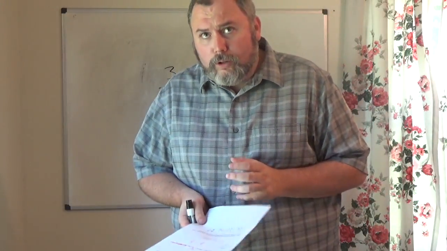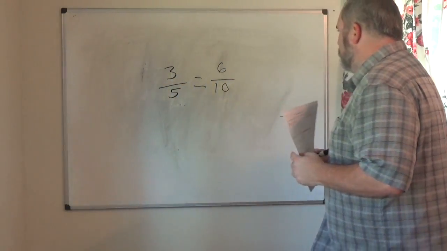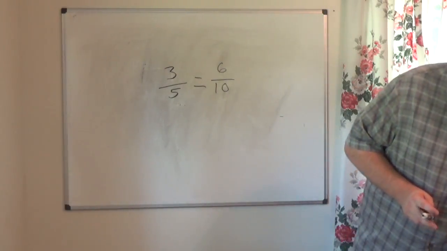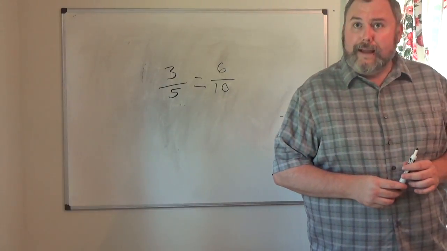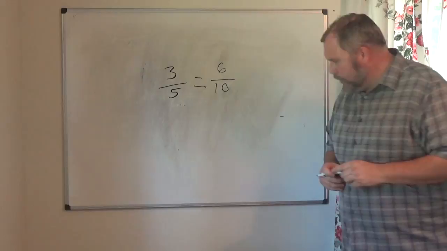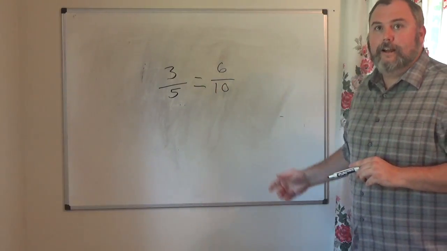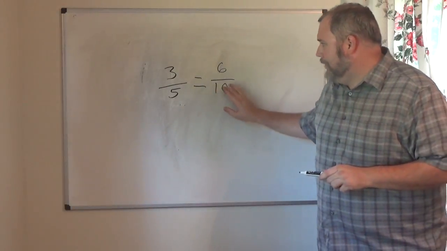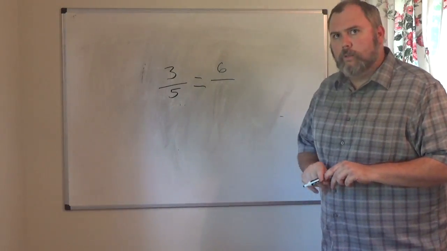Now, what's cool about this is, the word cool might not be the right word that you would like me to use. What's aggravating about this, maybe? A lot of times when I give you a proportion, I'm not going to give you all the numbers.